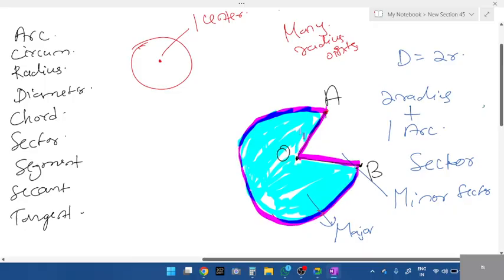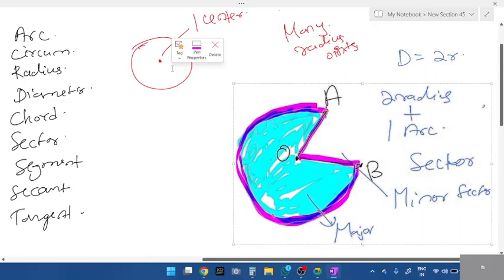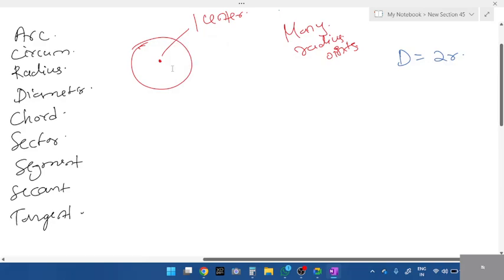We also call it an arc, a part of the circumference. So this entire portion is known as the major sector. A major sector has two radius and one major arc. That is known as sector. So arc, circumference, radius, diameter, chord, sector, and then segment.